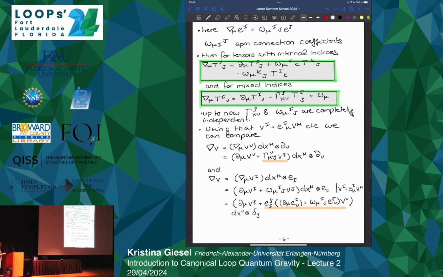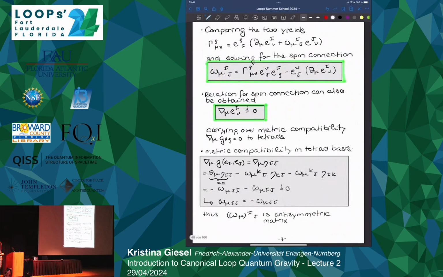Now, using that, I can in principle decide whether I express the covariant derivative of V in terms of the coordinate basis or in terms of the tetrad basis, and I can obtain a relation between the Christoffels and the spin connection, which shows up here in the second case.